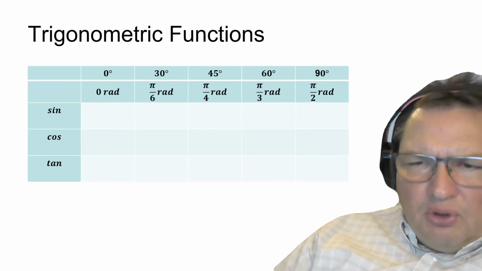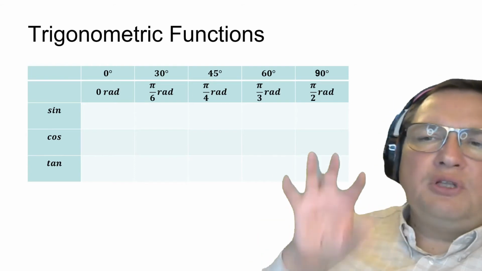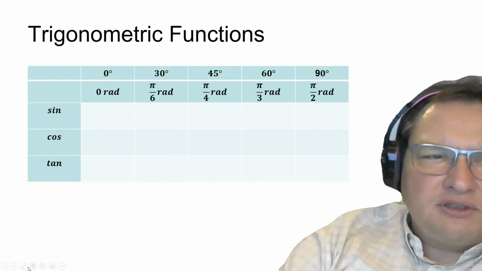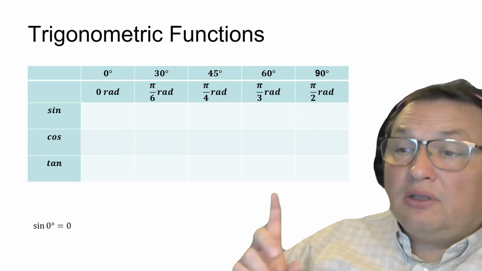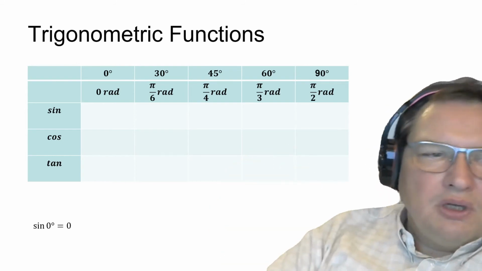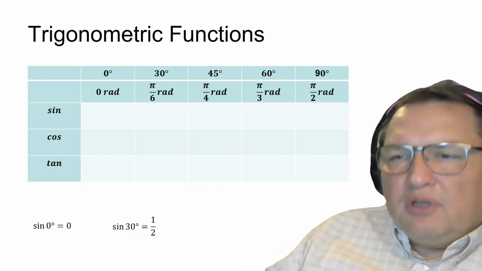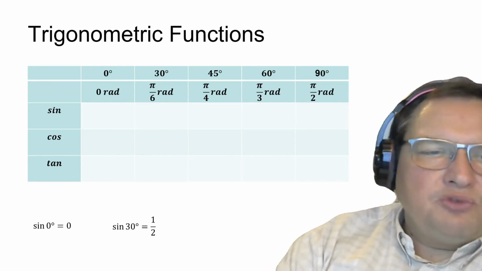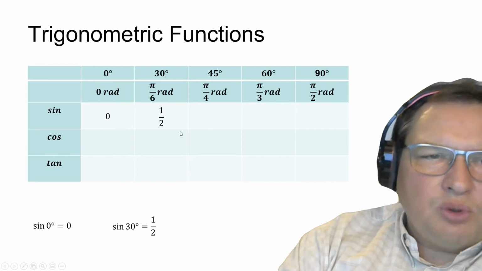The only two things that you need to remember in order to fill in all the cells in this table are that sine of 0 is 0, which is really, really useful to remember, and that sine 30 degrees is half. It's also reasonably easy to remember. So we will directly put these two values into the table, 0 and 1 over 2.